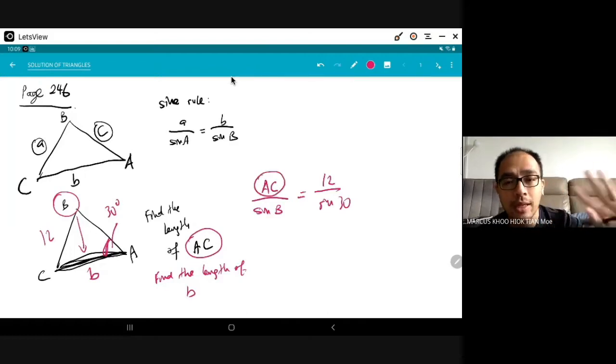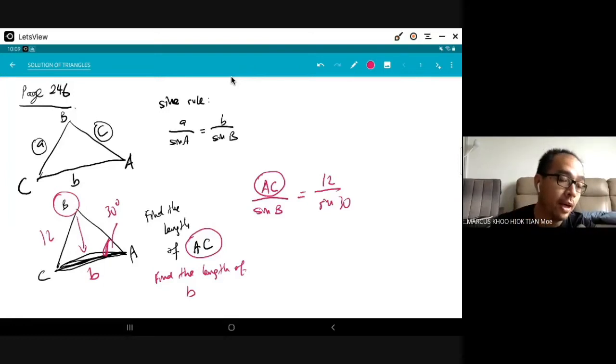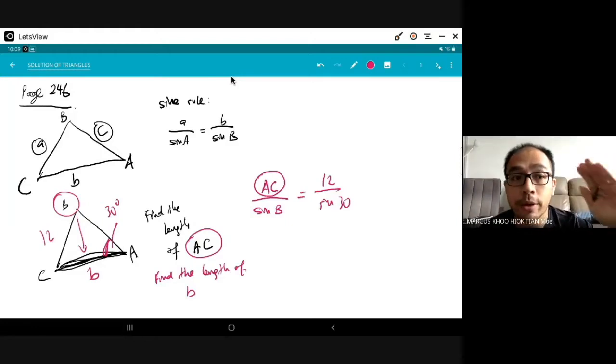The letters are not as important as knowing what you want to find. Do you want to find the length or the angle? If you want to find the length, then you do this one. But if you want to find the angle, then you make sure you put the angle on top. That is the more important thing, not which letter is correct.